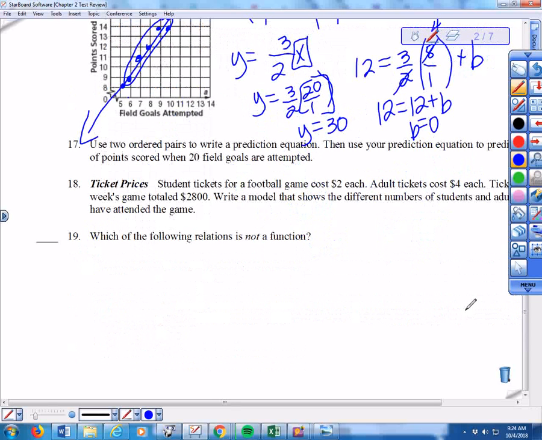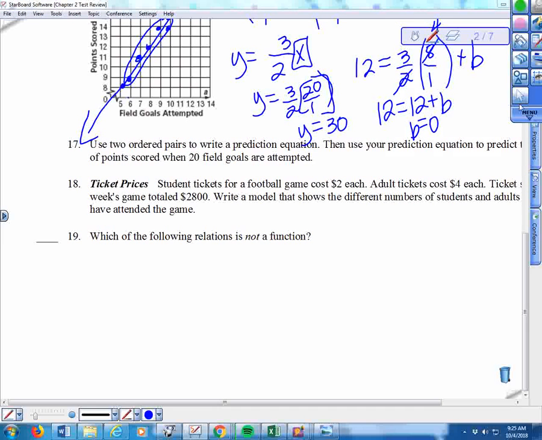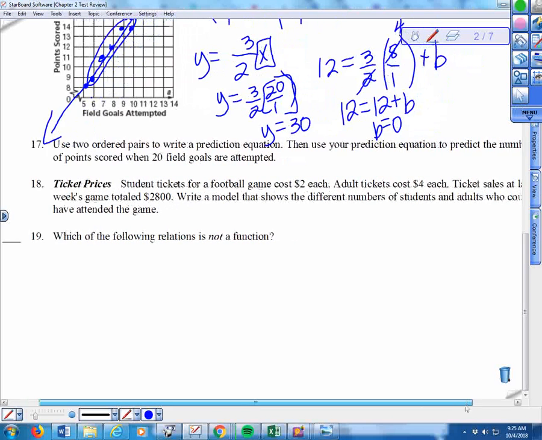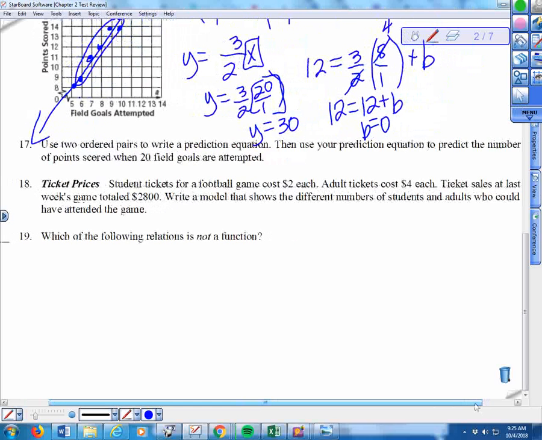Okay, ticket prices. Student tickets for a football game cost $2 each. Adult tickets cost $4 each. Ticket sales at last week's game totaled $2,800. Write a model that shows the different numbers of students and adults who could have attended the game. It just says write a model. You don't even have to solve.